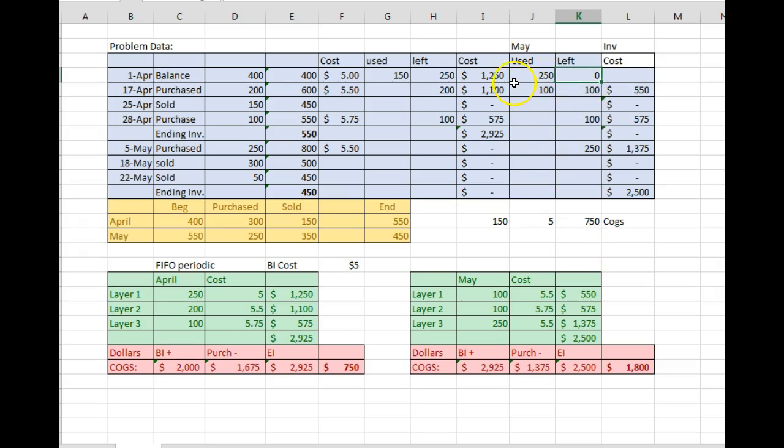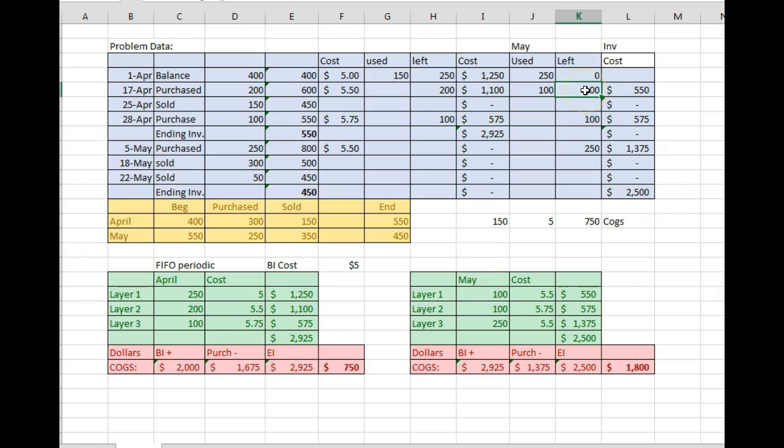That layer's gone. That leaves 100 left, so we sold 350. I took that layer out, and now I have 100 to come out of the second layer, this layer right here of 200. So I'm going to take that out, and now I have 100 left. So these are the layers I have left for the inventory for May.